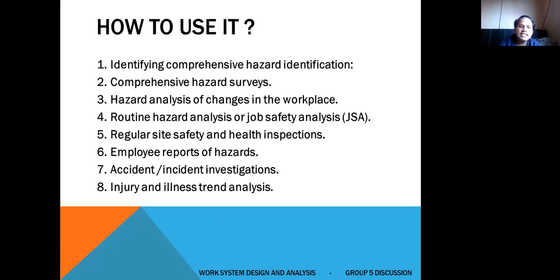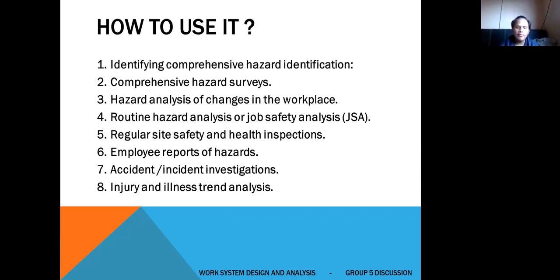Secondly is comprehensive hazard survey. So like that, we survey all the hazards possible in our workplace. Three, hazard analysis of change in the workplace. So the hazard analysis makes our workplace safe again and comfortable for the employees. Four, routine hazard analysis or job safety analysis.